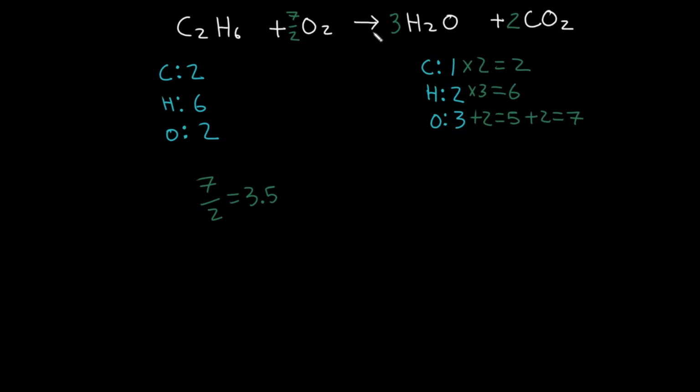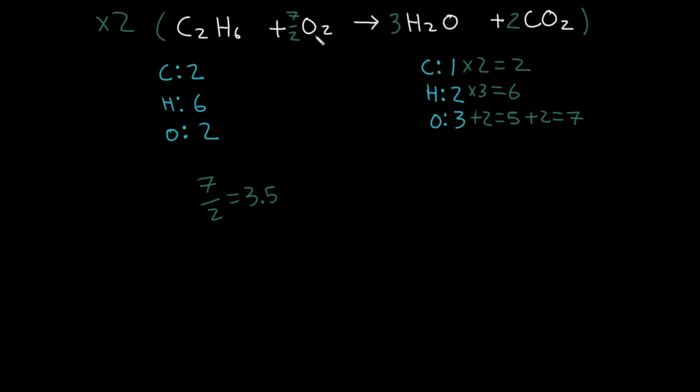So what we can do though is multiply this whole thing by 2 to cancel out this 2 down here. Because if we multiply this 7 by 2, we can cancel out this 2.